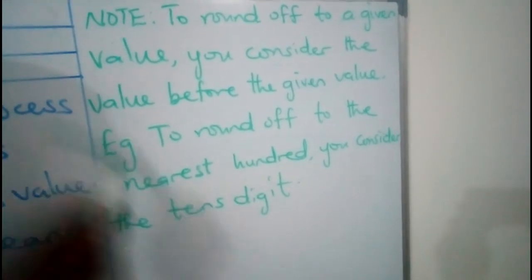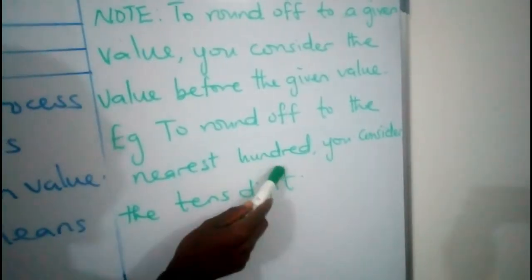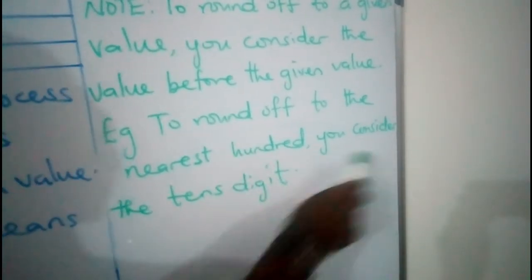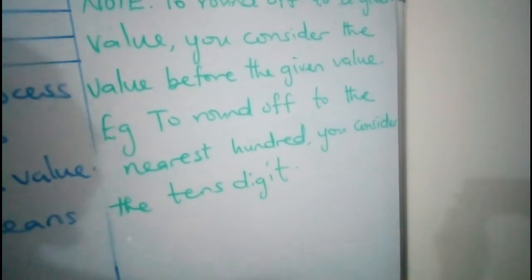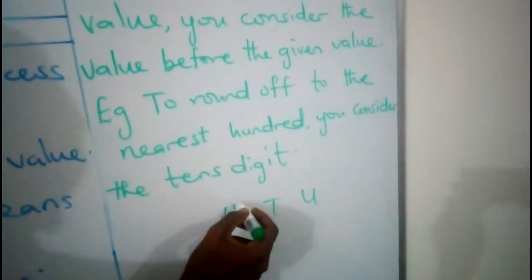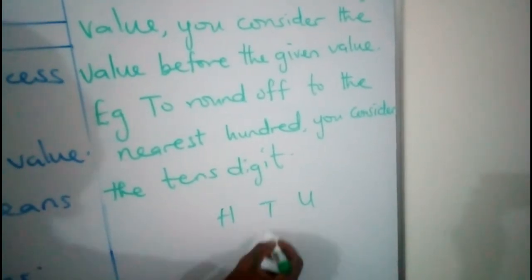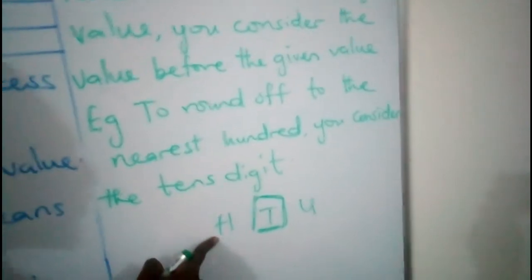An example: if you are expected to round off to the nearest 100, what you consider is the place value before 100, which is tens. Remember, we have unit, tens, 100. The tens, because that is the place value before the given value.